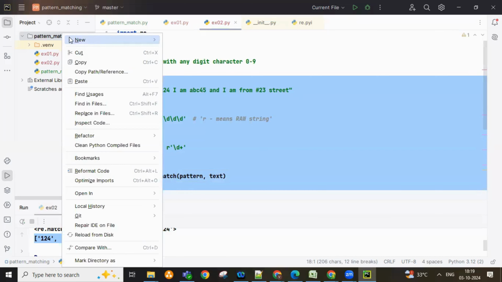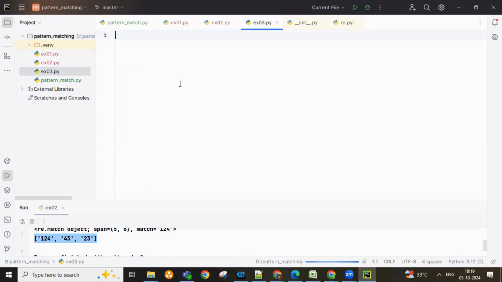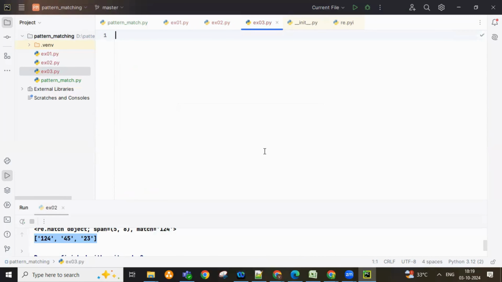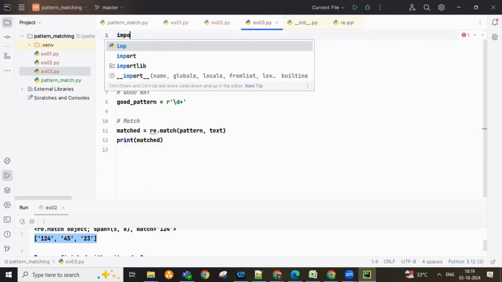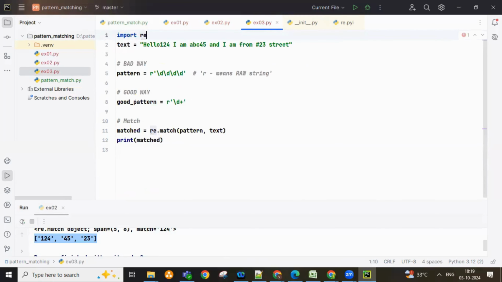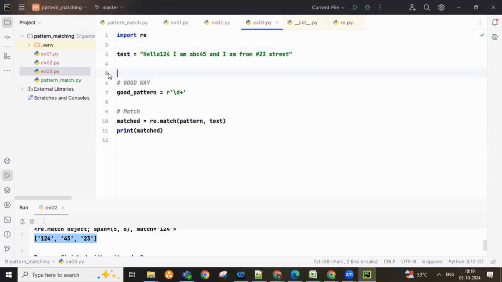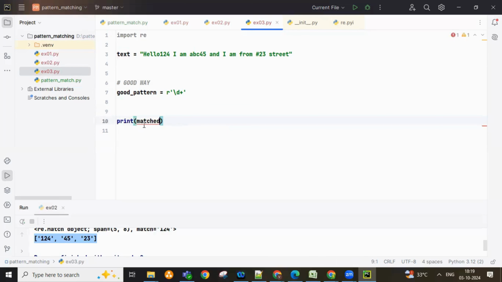Let me give example 03. Import re. Now I will remove this good pattern anyway, since we are already familiar. And I don't use match because match has a limitation, so I don't want to go with it.